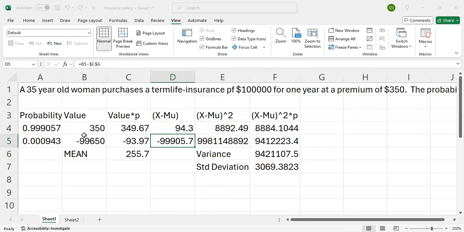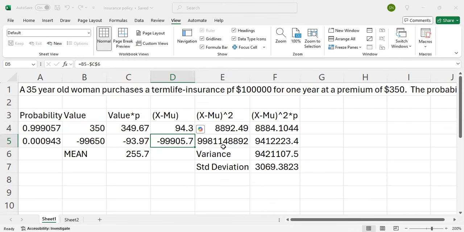And then the X value in the second row minus the mean of 255.7 gives you this particular value. Basically, we are trying to find the difference between each value of x and the mean, how far each of these values, 350 and minus 99,650, is located away from the mean. That is what the fourth column, the D column, is giving us: the difference between x and the mean.